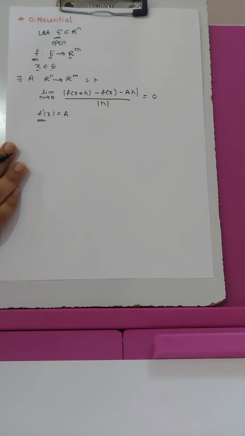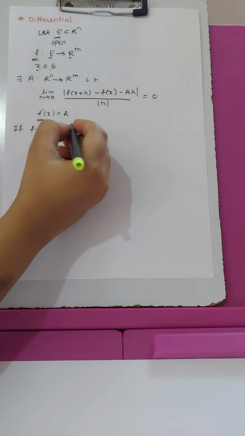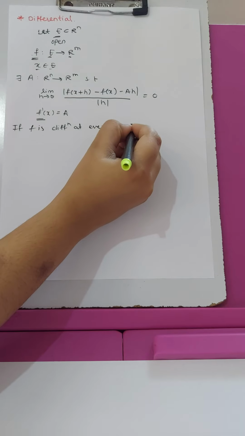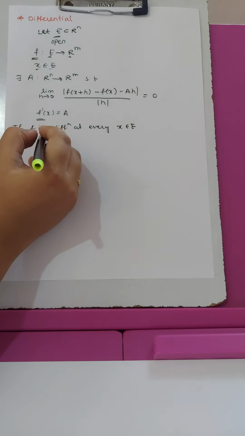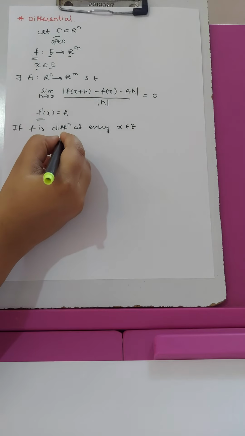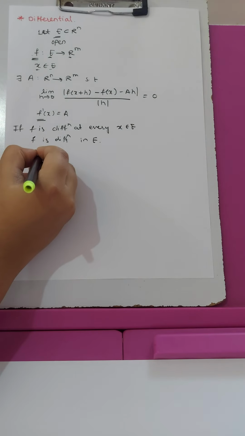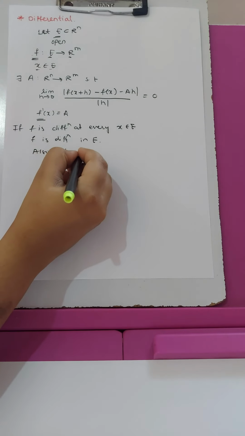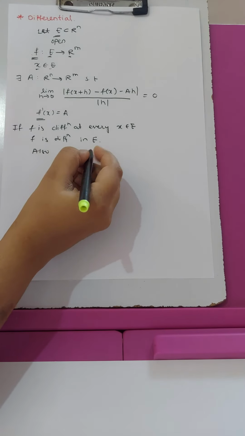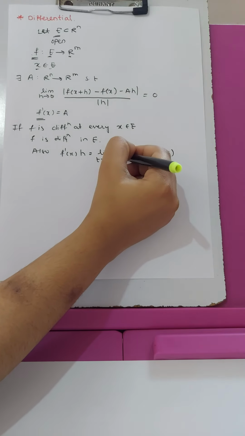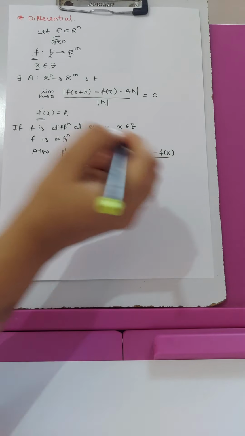If f is differentiable at every x belongs to E, then we say that f is differentiable in E. Also we write f dash of x h equals limit t tends to 0 of f of x plus th minus f of x upon t.